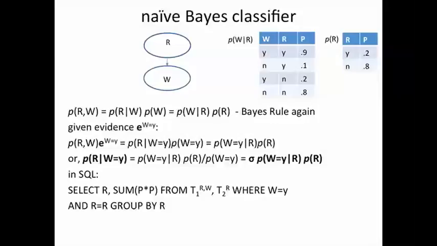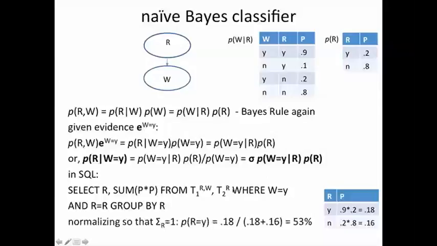So the result is what we get by restricting our cases to the rows where W is yes, multiplying the P values and adding them up, but there's nothing to add up since there are only two values, each of them having two rows having distinct values of R. So we simply multiply 0.9 by 0.2 to get the first row for R equal to yes, and 0.2 by 0.8 to get the second row. This is the product of these two potentials or probability tables.